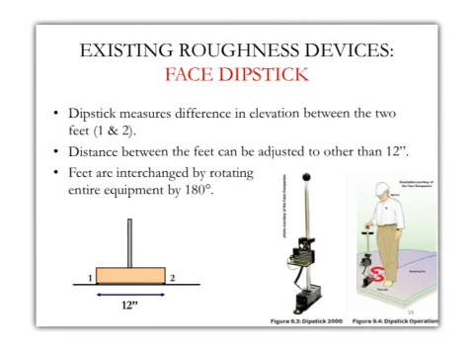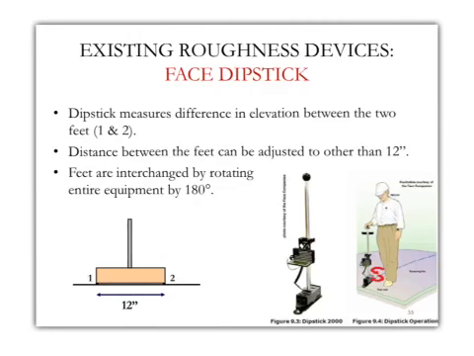We measure the difference in elevation between point A, or point 1, and point 2. This 1-foot distance can be adjusted to other than 12 inches. The feet are interchanged by rotating the entire equipment by 180 degrees to come up with replicate information.